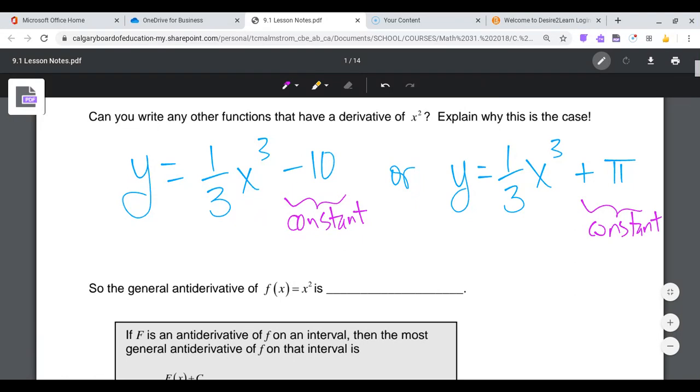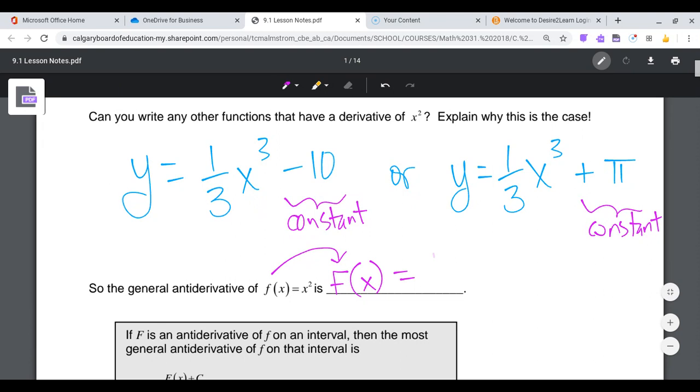And so when we think about this as a general antiderivative, when we write the antiderivative of a little f, we use a big F. Okay, so if they haven't said f prime of x, they've said that the derivative is x squared, so my differential equation, then the antiderivative is the capital letter of that, to form the original equation.